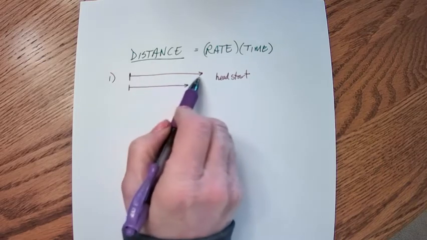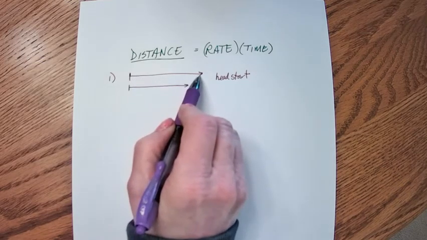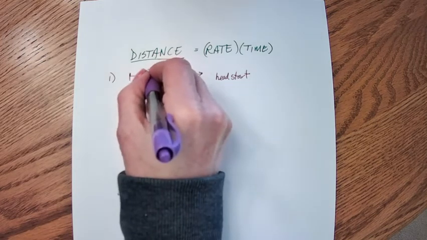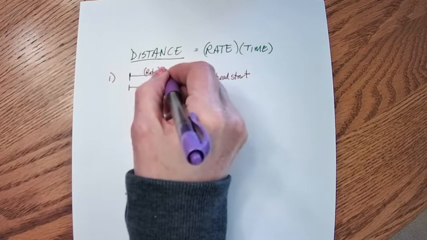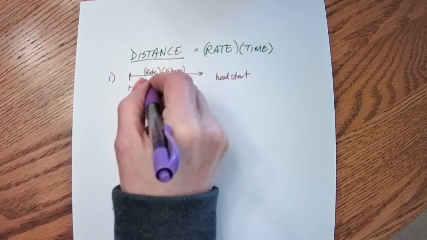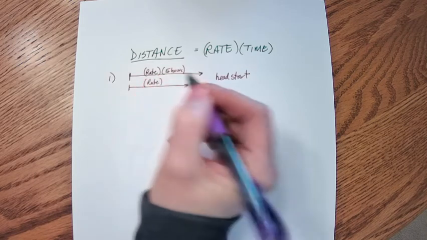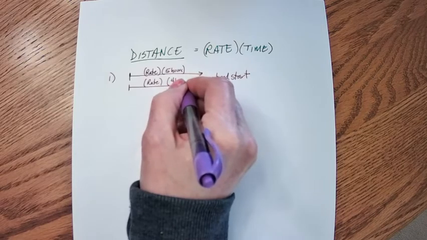So let's say this car is traveling at a certain rate, 30 miles an hour, and he's been traveling for 5 hours. And this guy is maybe going 10 miles an hour faster, but he's only been traveling for 4 hours.